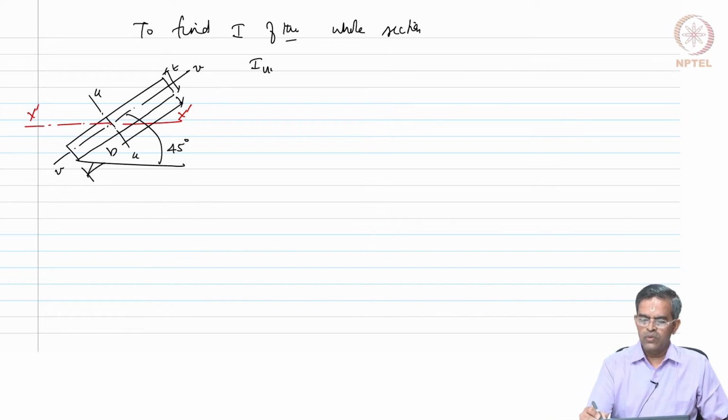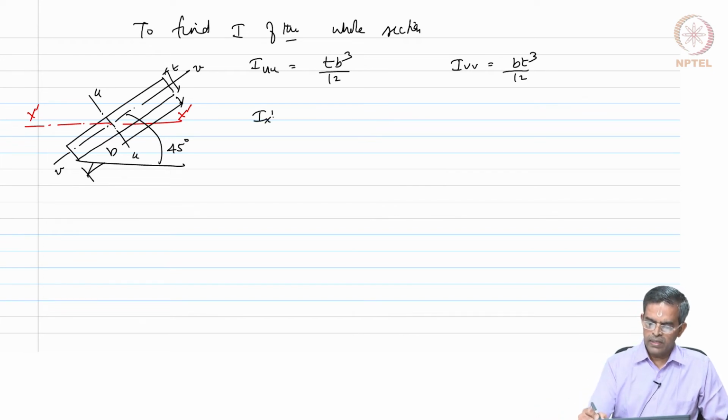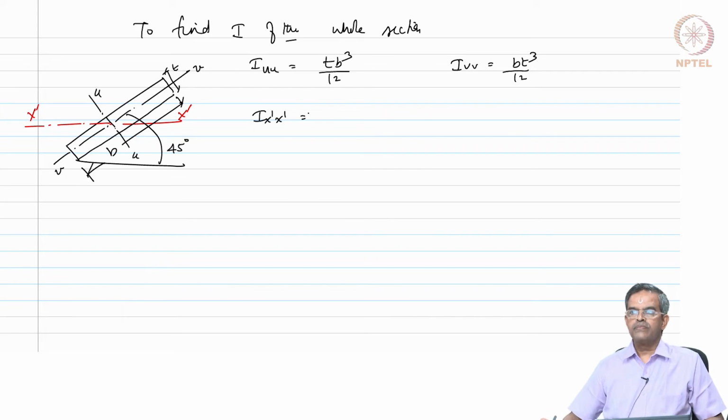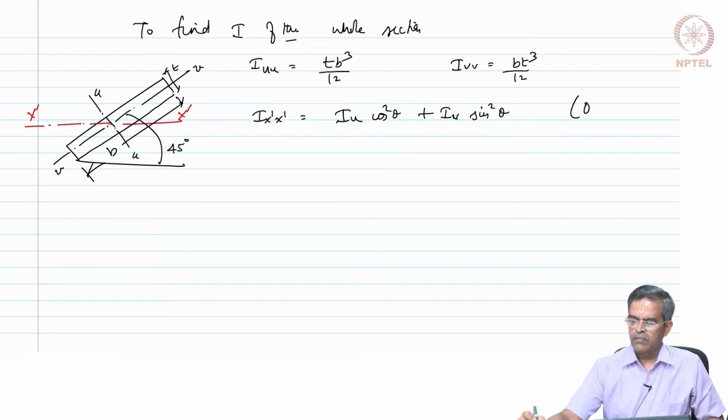We know IUU is TB cube by 12 and IVV is BT cube by 12 and IX dash X dash is IU cos square theta plus IV sin square theta, where theta is 45 degrees here.